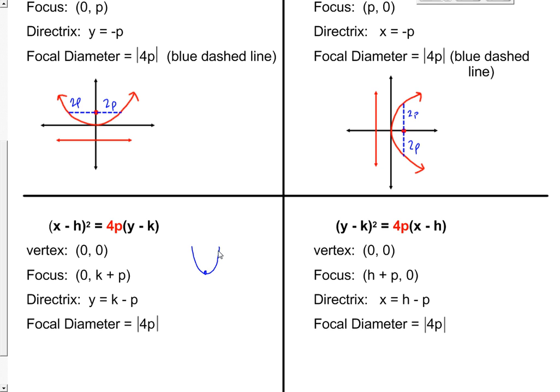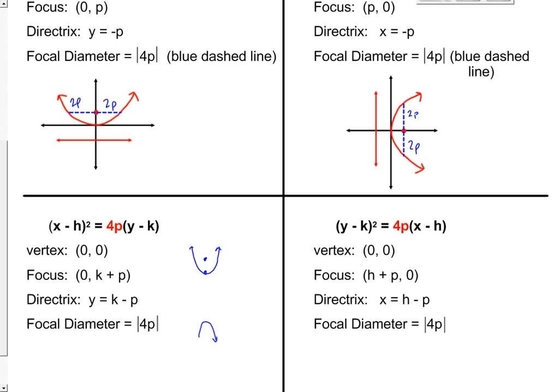In this case, with my parabola drawn here, my focus is going to be up by however many units of p. So I'm moving up and down, which is my y value. No matter where my vertex is, whatever that k value is, that y value from the vertex, I'm going to add my value of p to find my focus.